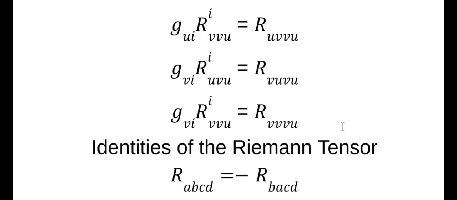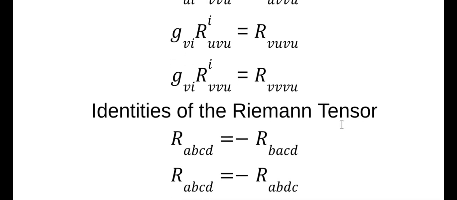All right, so there are 2 important identities of the Riemann tensor when you're dealing with the tensor components of the first kind. If you swap the first 2 indices, you get the same component but negative. If you swap the last 2 indices, you get the same component but negative.